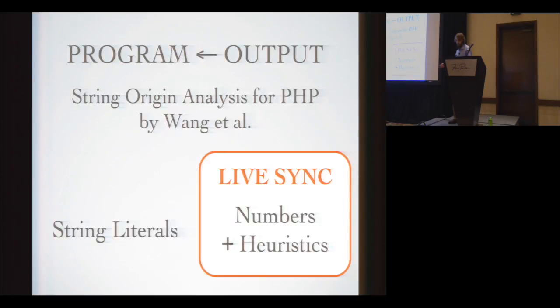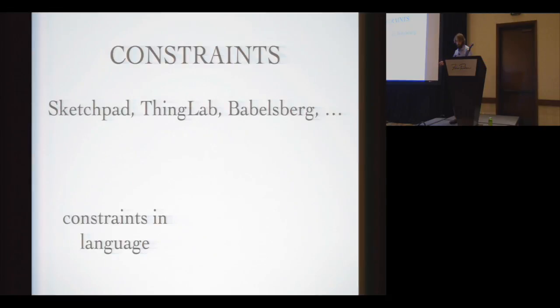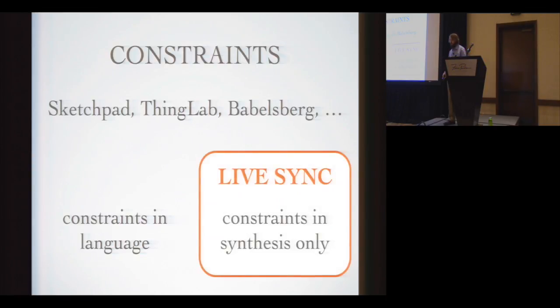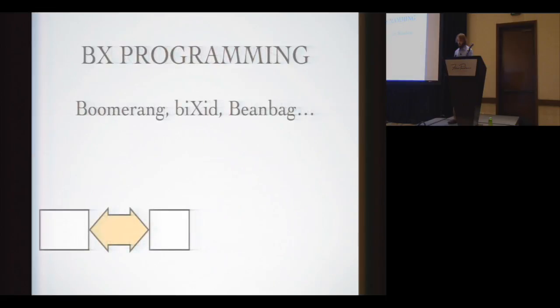There are three broader categories of related work I'd like to briefly mention. The flow we achieve with live synchronization resembles constraint-oriented programming systems, such as Sketchpad and ThingLab. But in contrast to constraint-oriented programming, our approach starts with a more traditional, deterministic programming model, and we limit the use of constraints only to the synthesis. Our work also represents a different approach to bidirectional programming.